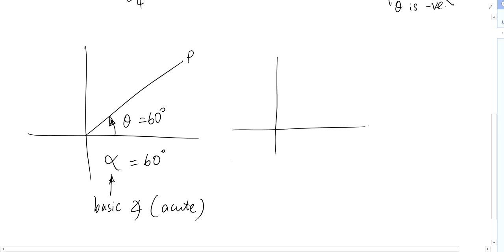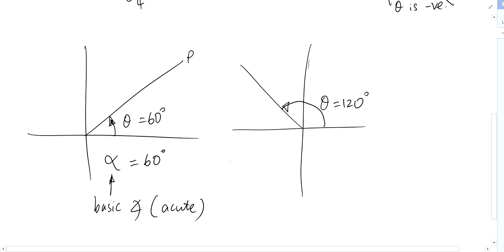In quadrant number 2, it looks like this, right? This is theta, so theta could very well be, for example, 120 degrees. Then what is alpha? Alpha is the basic angle. It must be acute. So let me show you the definition for our basic angle now.